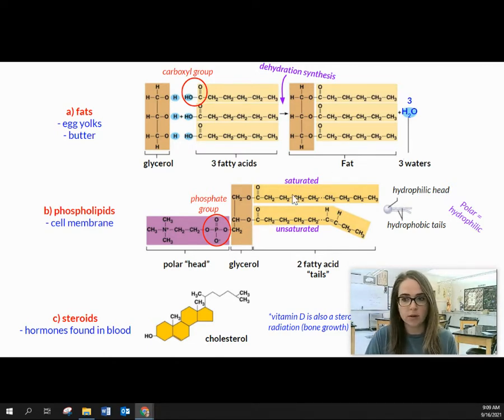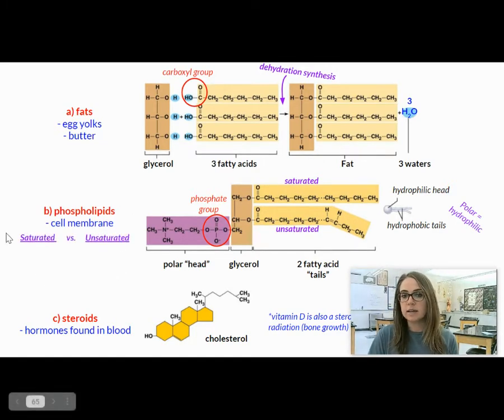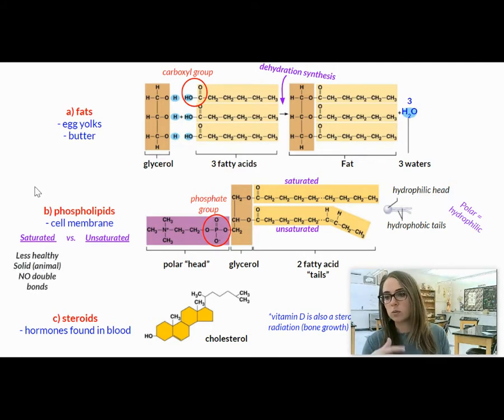Phospholipids have the same thing going on with their tails as well. But the difference between a saturated and unsaturated fat, which you've probably heard of when we talk about nutrition or healthy eating, is that saturated fats are usually considered the less healthy of the two. We talk about good fats and bad fats.